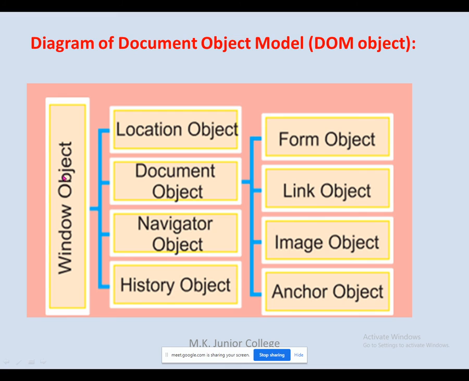So here सबसे पहला object कौन सा होता है? The window object. So you may get a question like "dash is the parent object of all the objects available in JavaScript." The answer is: the window object is the parent object of all the objects available in JavaScript. Why?